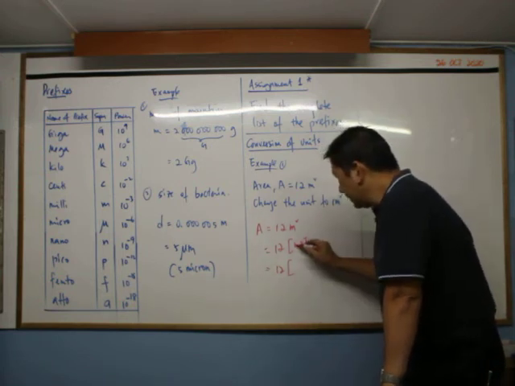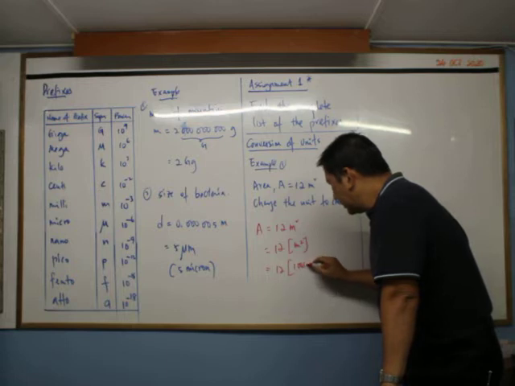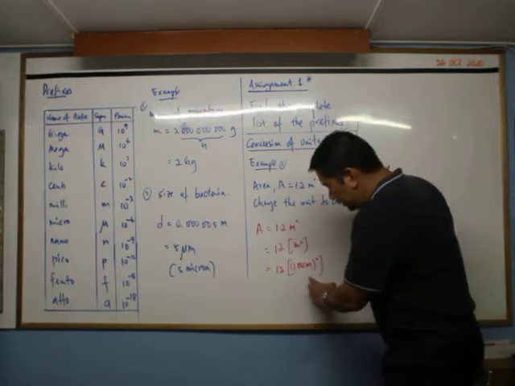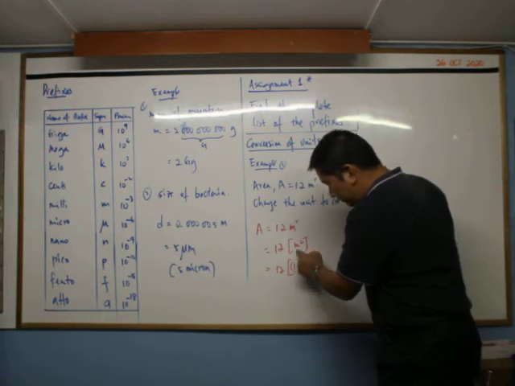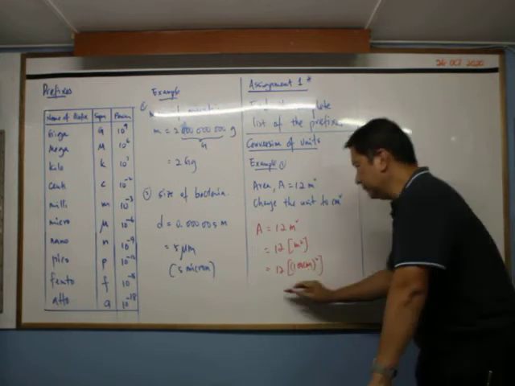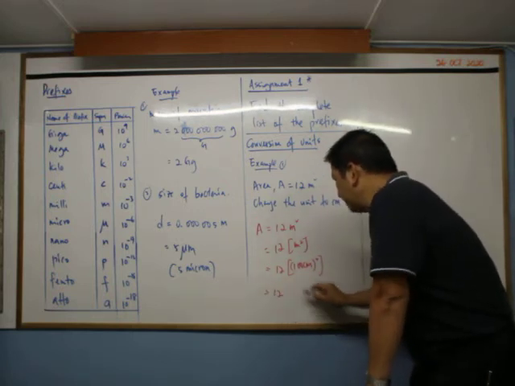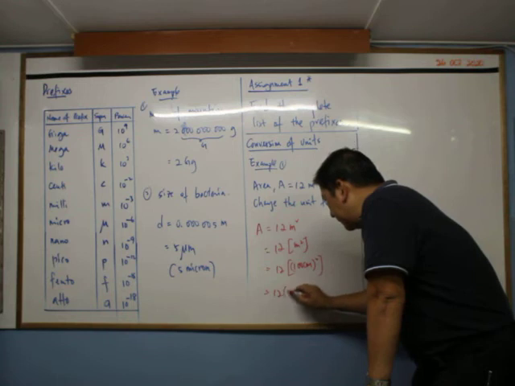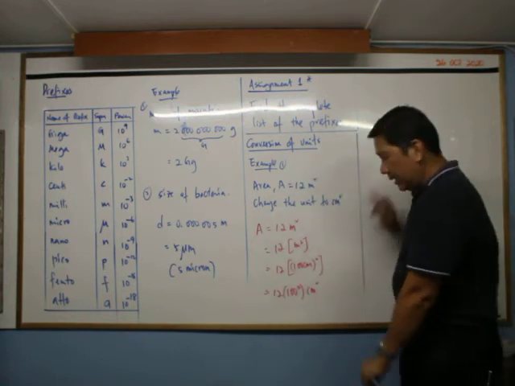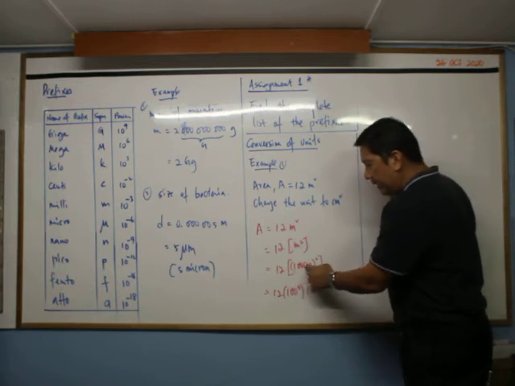So now our meter here is going to be 100 centimeter, but don't forget there is a square. This whole thing here is 1 meter, so square. So now your m disappears, leaving this one only. So now I have 12 multiplied by 100 square and centimeter square. Because it is in brackets, the number and the unit will be squared.